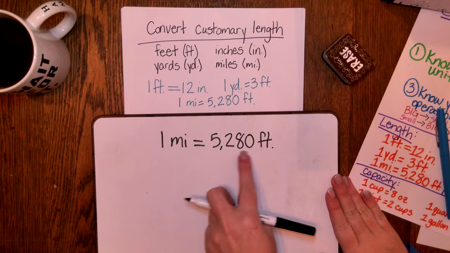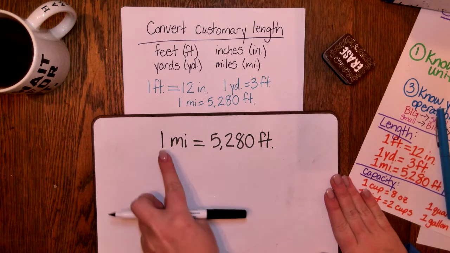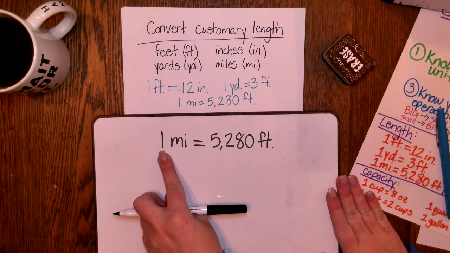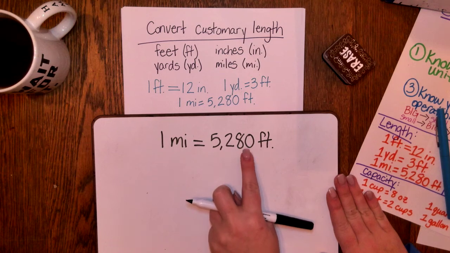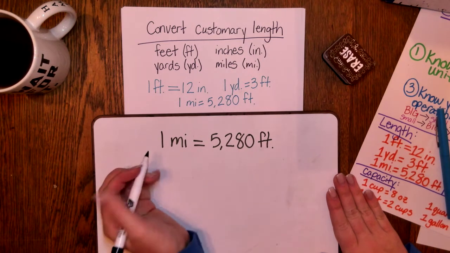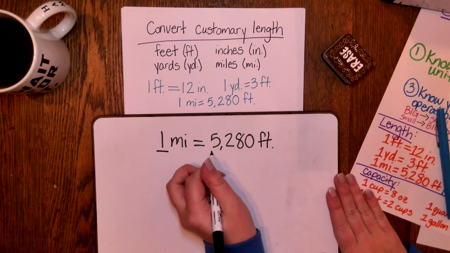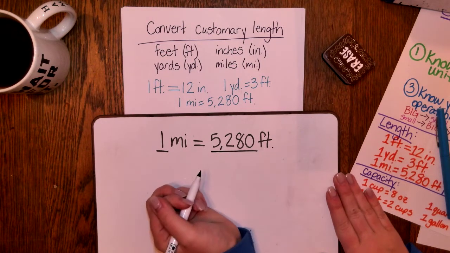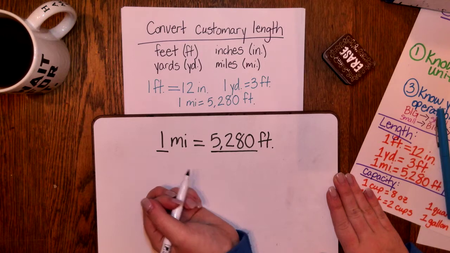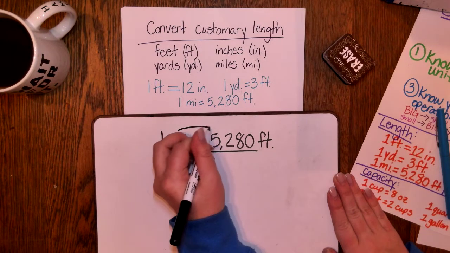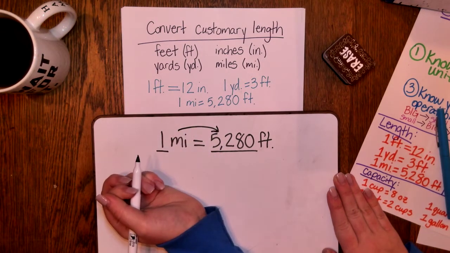Well, I'm hoping you can see that 1 mile is definitely bigger than a foot. We go from 1 to 5,280. When we're using whole numbers and we get bigger, we know that we are multiplying.